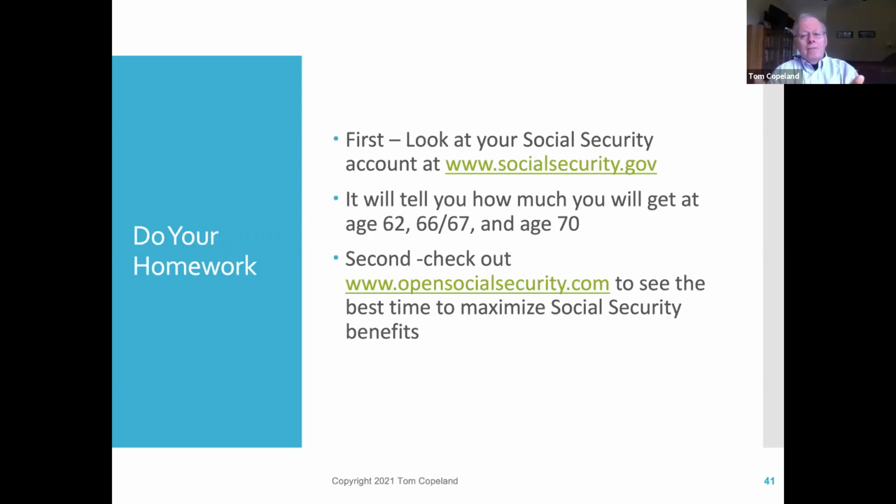And then based on that, talk to a financial planner, talk to Social Security, just to make sure. Most people don't understand the consequences of when they're claiming Social Security. And it can make such a big difference that I think this is important for everybody to do.